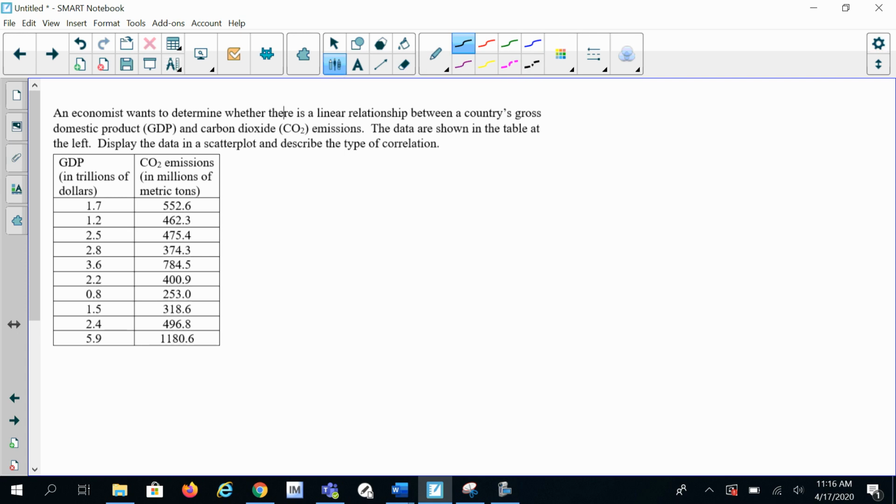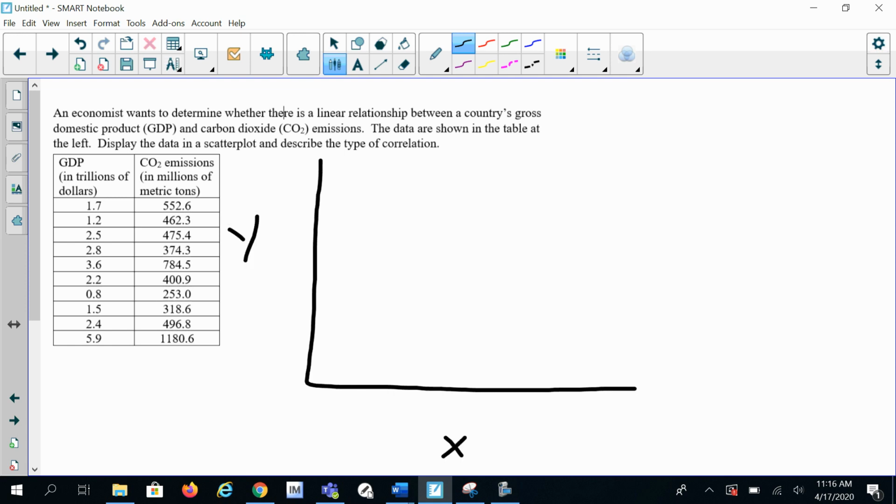So I'm going to go ahead and start making my graph here. In scatter plots, obviously as in most graphs, you're going to put your X on the bottom and your Y over here. So now I need to come up with the scale for this. Looking at my X's, my smallest is 0.8 and my biggest is 5.9.